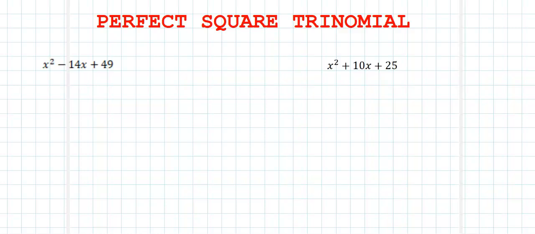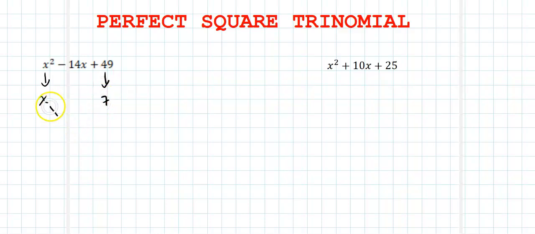The first and the last terms are perfect squares, and the second term is the product of the square roots of the first and the last terms times 2. For example, if we have x to the second power minus 14 times x plus 49, the square root of x to the second power is x, and the square root of 49 is 7.